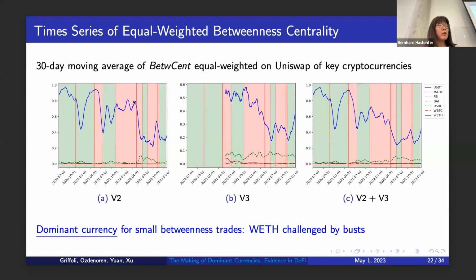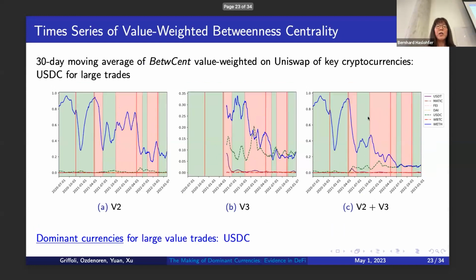WETH is actually still the leading coin, but its dominant status dropped during basically the bust, where the stable coins start to increase. So you do see a change over time. In fact, probably more change, more competition as a medium of exchange among the currencies for dominance.